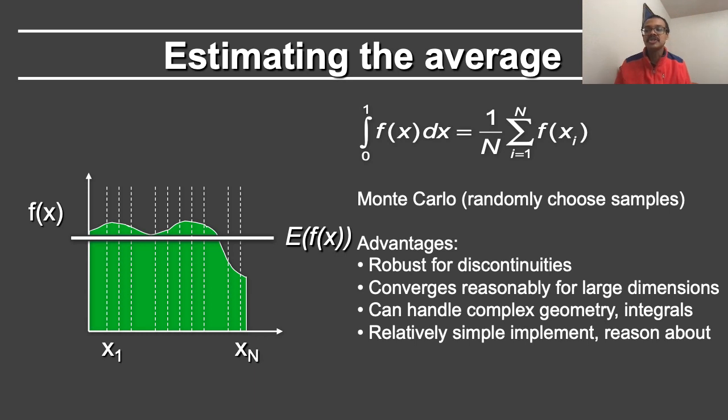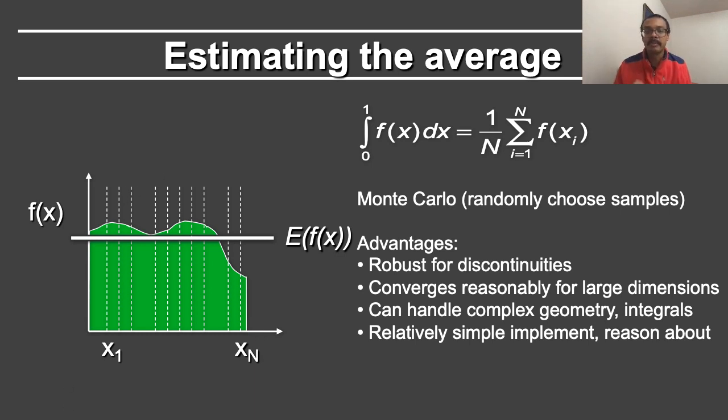You can imagine simply choosing sample points along x randomly, and then the expected value of f of x can be obtained by simply taking the mean of these sample points. The estimator is this f of xi at each of the sample points xi, while you normalize by dividing by the number of samples, hence this 1 over n.